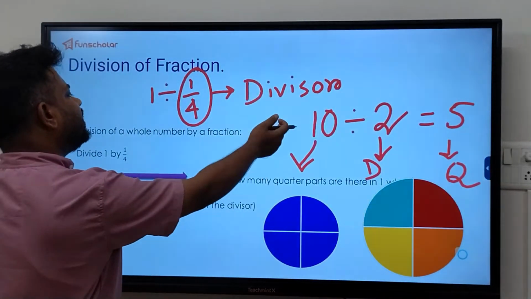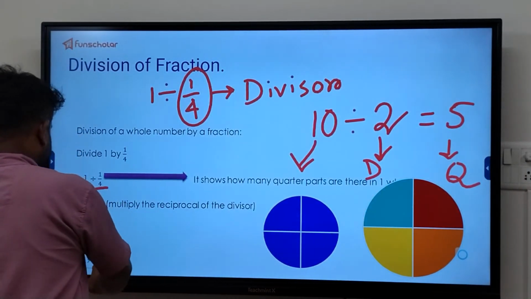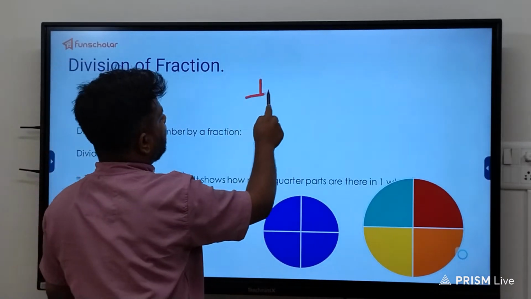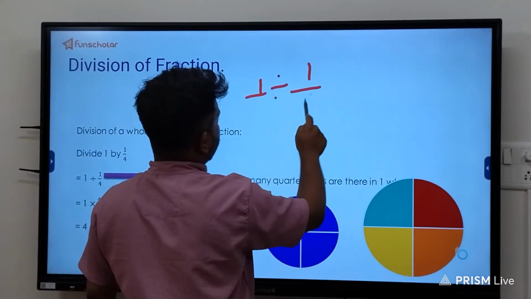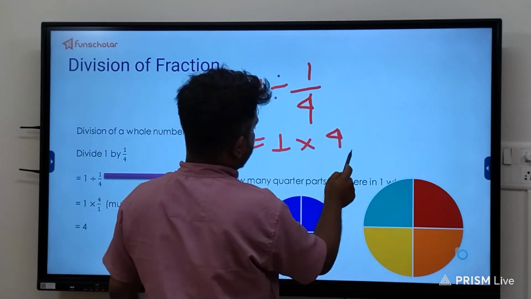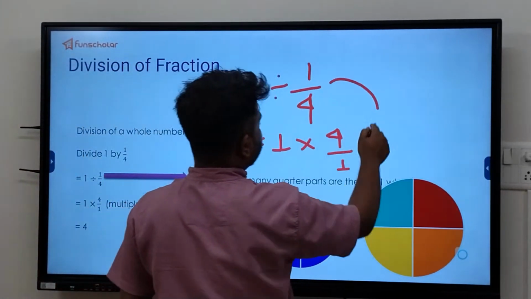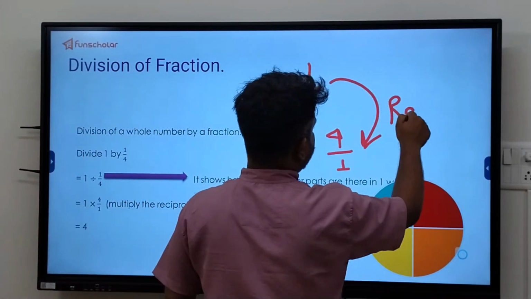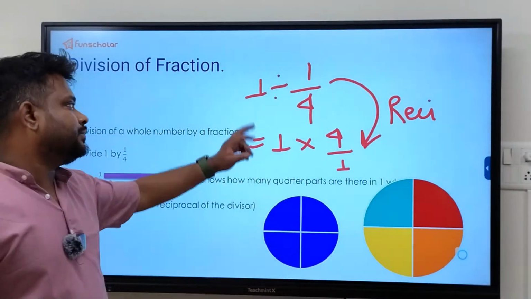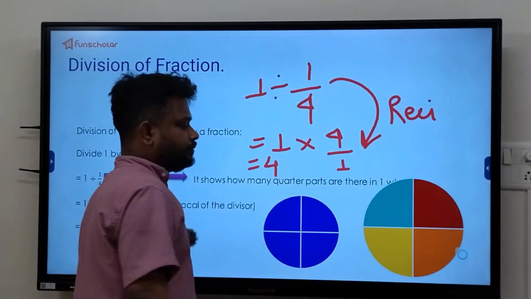We will understand this a little bit better later, but here just try to understand it from this example. If I write 1 divided by 1 by 4, then it is 1 into 4 by 1. We have just taken the reciprocal of this number, and the reciprocal will be 4 by 1, and the answer will be 4.